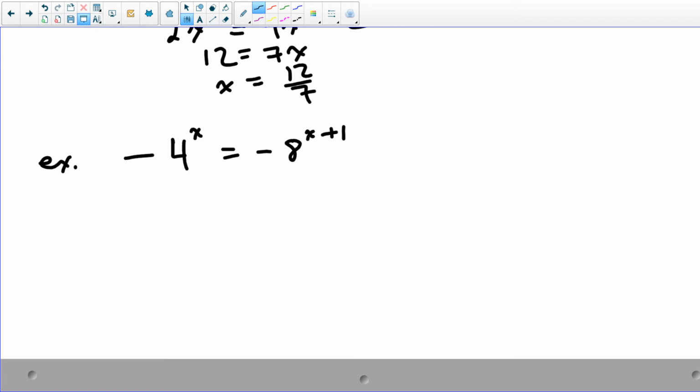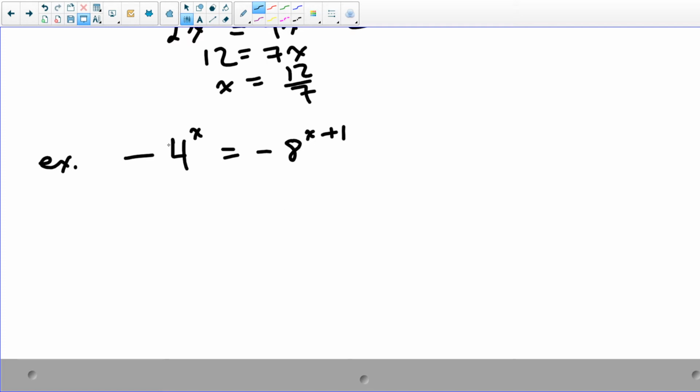Before changing the base, there's one other thing that we should do. Okay, let me ask this question. What is the base on the left-hand side? Ah, now you're starting to see it, okay?